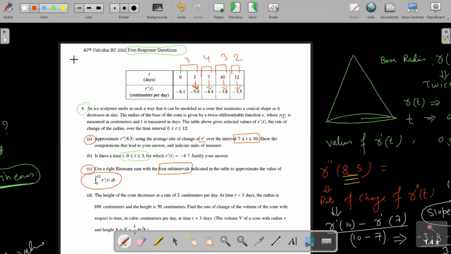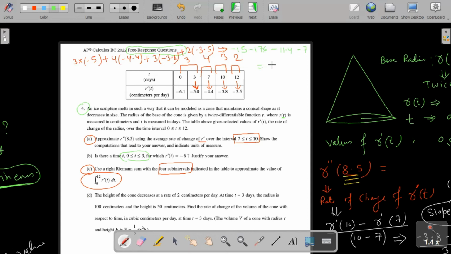So we can write 3 into minus 5, plus 4 into minus 4.4, plus 3 into minus 3.8, plus 2 into minus 3.5, right? We have to calculate this. This will be minus 15, minus 17.6, minus 11.4, and minus 7.